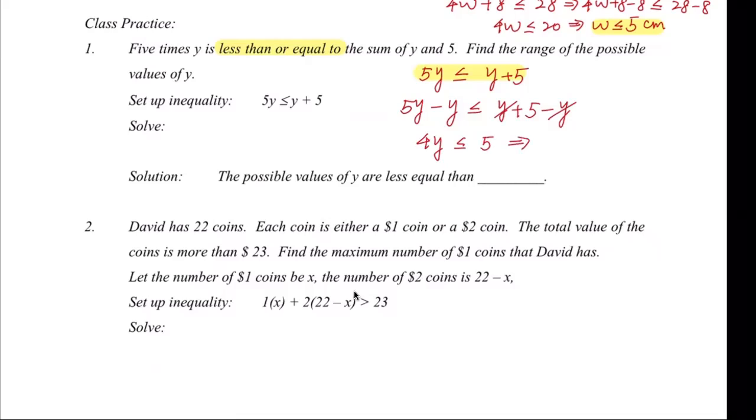Here, we divide both sides of the inequality by 4. 4y divided by 4, so we get rid of the coefficient. And here, we're not dividing by a negative number, we're dividing by a positive number, so the sign doesn't change, right? 5/4.